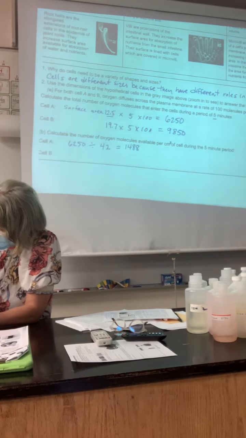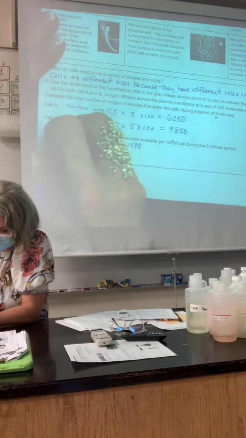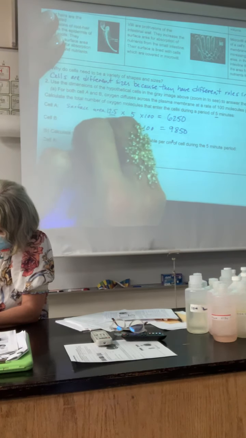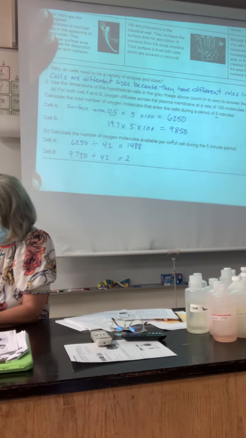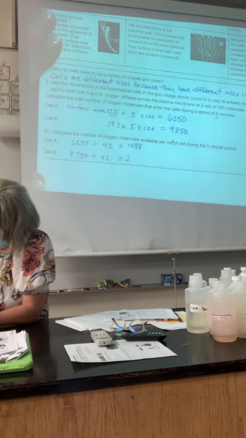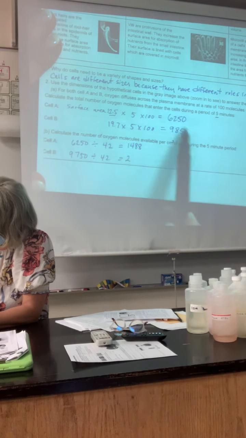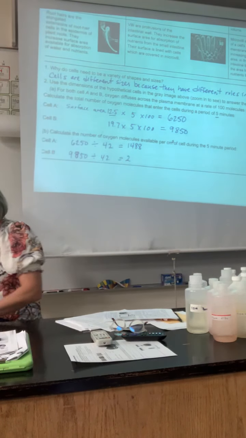All right, so for cell B, what did you get? Carter? I got 2,280. Or did I mix it? What did I do wrong, you guys? Is this what you guys got for this one? 9,850? 9,850 divided by 42.